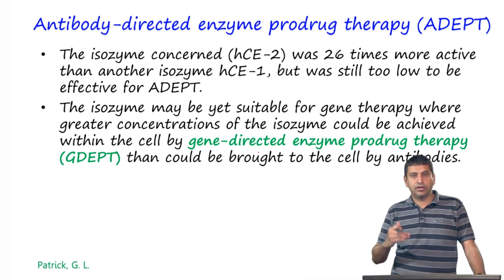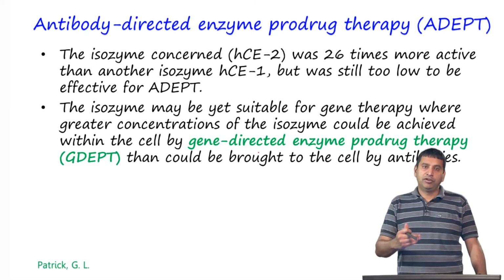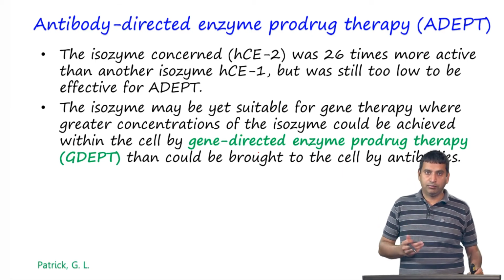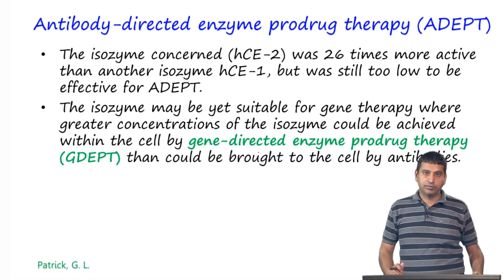We shall look at this very shortly, but here you can increase the concentration of the isozyme by transfecting the tumor cells with the gene responsible for the synthesis of the concerned protein. This is a way in which you can increase the concentration of the enzyme or the isozyme in the area of interest.